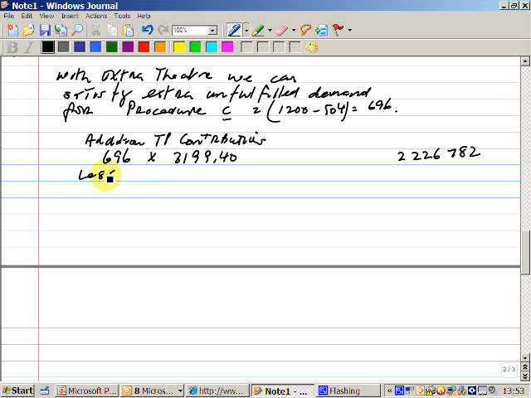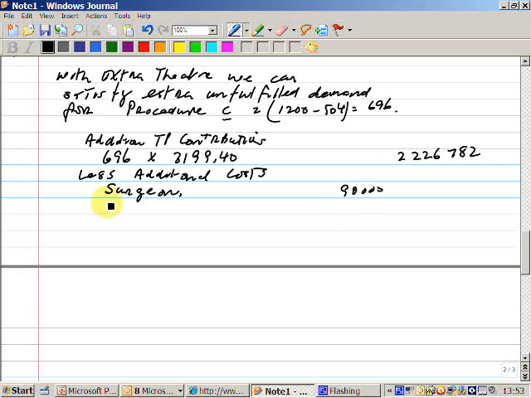So now what we need to do is less our costs, and so what we have is the additional surgeon. So additional surgeon is going to be 250,000. Sorry, 90,000.